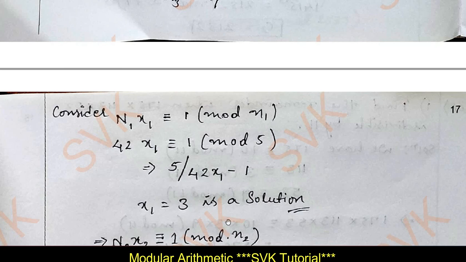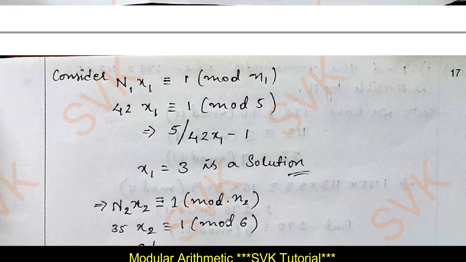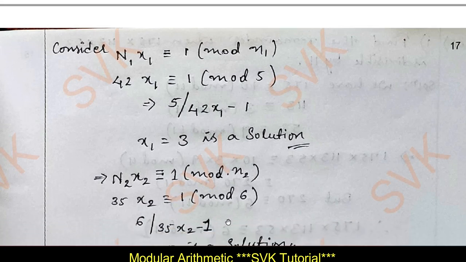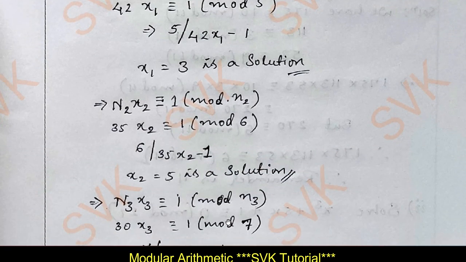Similarly, find N2 x2 is congruent to 1 mod n2. We can substitute capital N2 and small n2, and then decide that the solution for x2 is 5. Then 35 x2 minus 1 is divisible by 6 if and only if x2 is equal to 5.